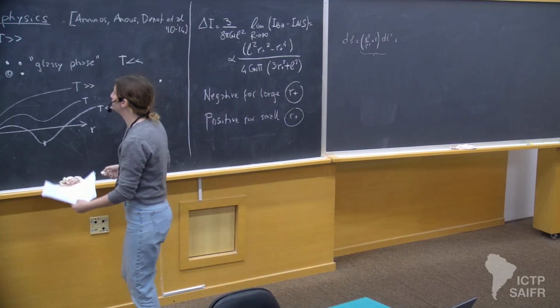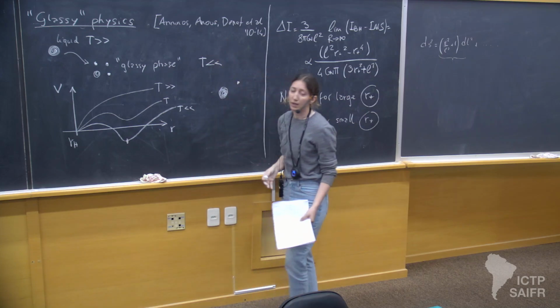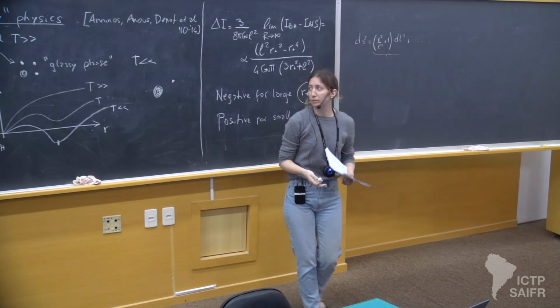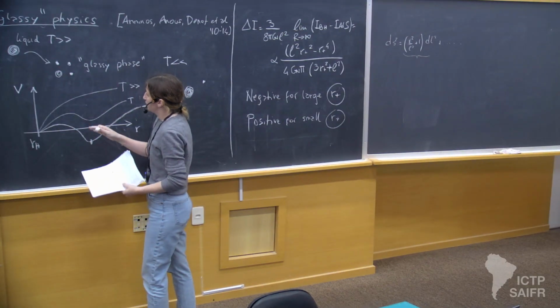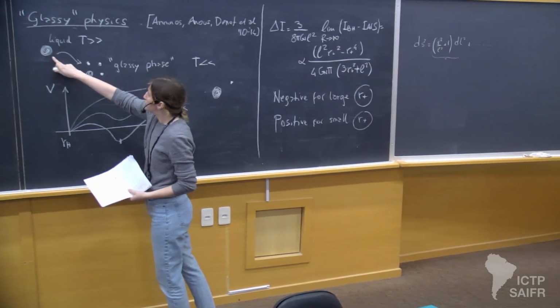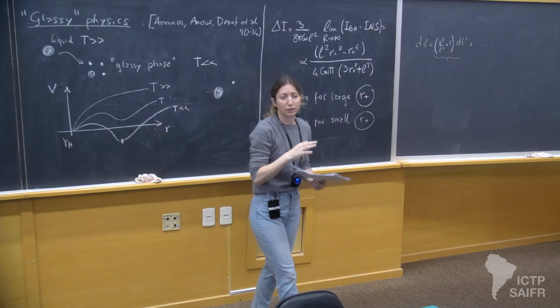So it shows that the picture that these guys put forward is really holding. Meaning for a very large temperature, the single-center black hole, which corresponds to the liquid phase, is the favored configuration.